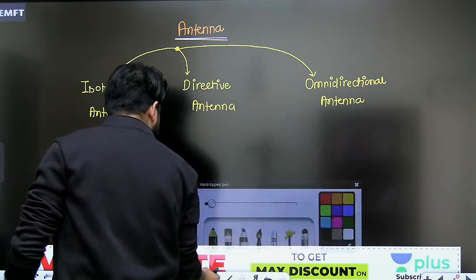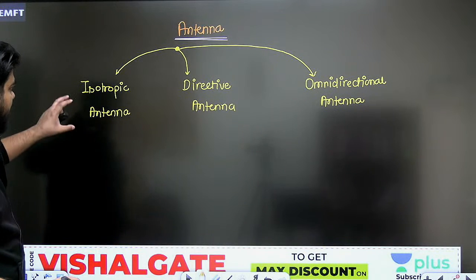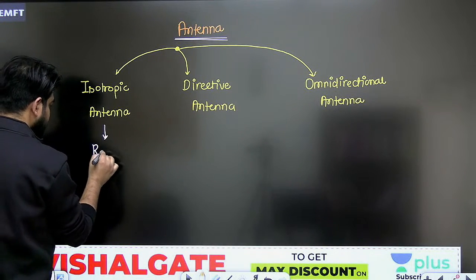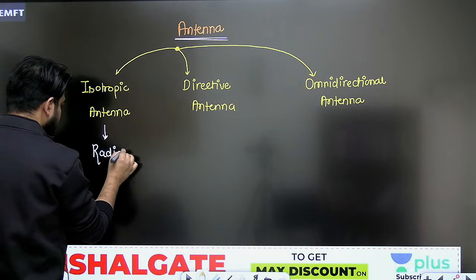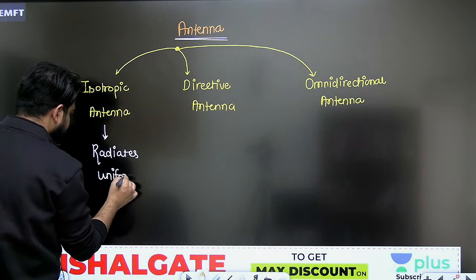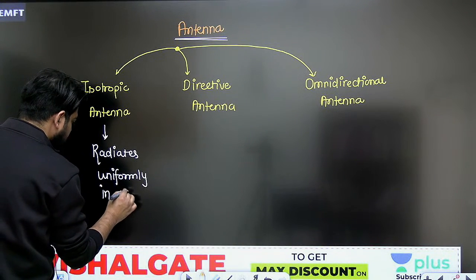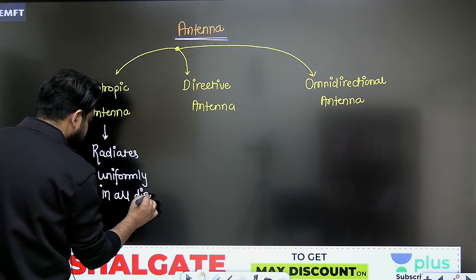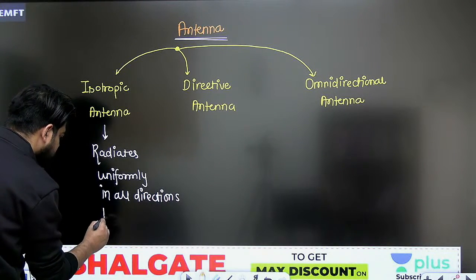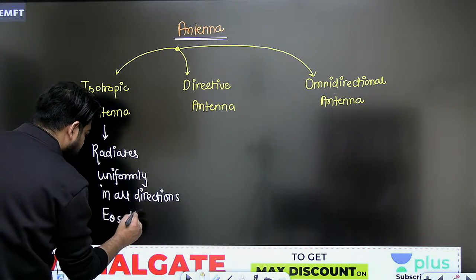So let us try to find out the differences or similarities in them. If you have an isotropic antenna, this antenna radiates uniformly in all directions. That means their E theta s is independent of r, theta, phi.